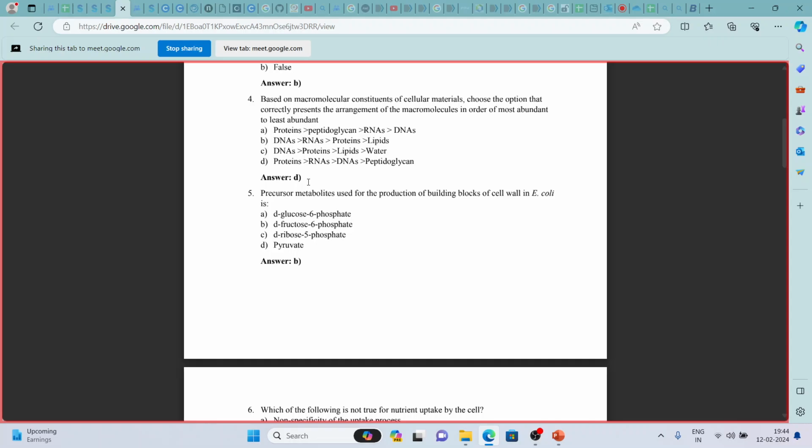Okay, I'll explain it in a different manner. Within a cell, the DNA content is all combined and present as the genome or the chromosome, so it doesn't change with time.